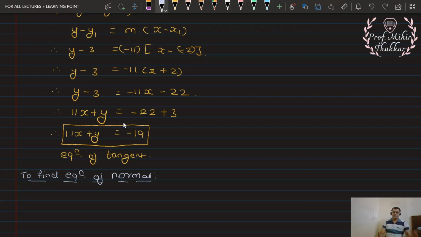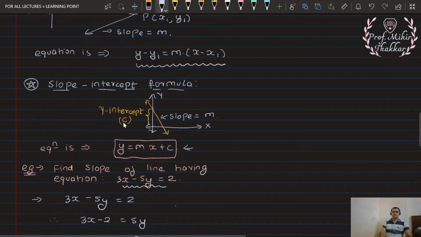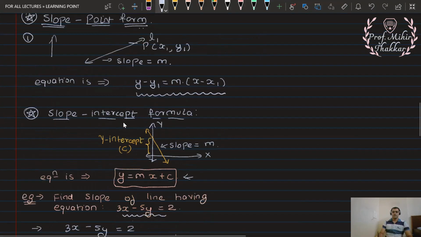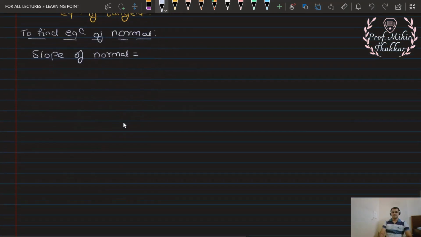We will be using the same equation, but in this case I will say that the slope of the tangent, in fact the slope of the normal, that we have calculated, is 1 upon 11, and also the normal is passing through the same point.